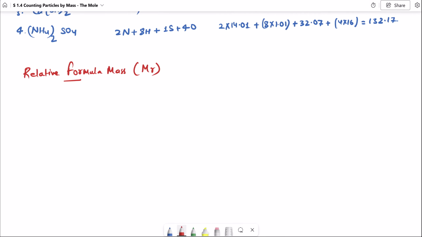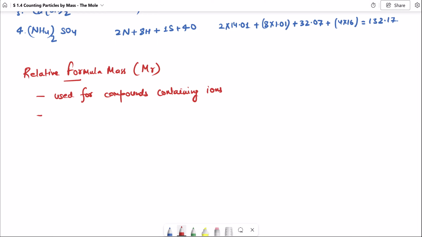So relative formula mass is used for compounds containing ions, right?